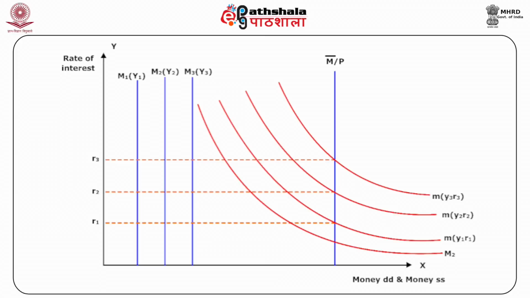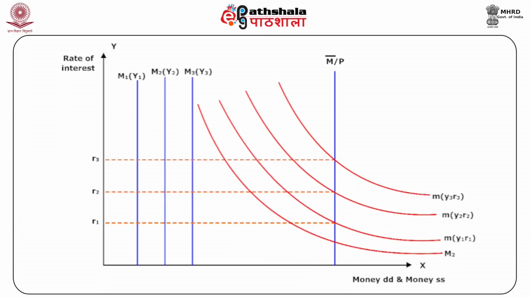Therefore, the rate of interest is bound to rise as the money demand increases from MD1 to MD2 to MD3. And this, of course, is when the supply of real cash balances is given. Now, this happens because the increased M1 has to be substituted by a reduced M2, and M2 will fall only when the rate of interest rises, because there is a negative relationship between M2 and rate of interest.